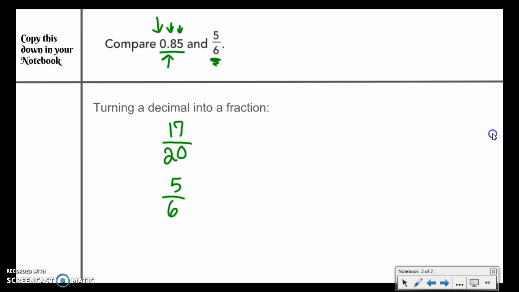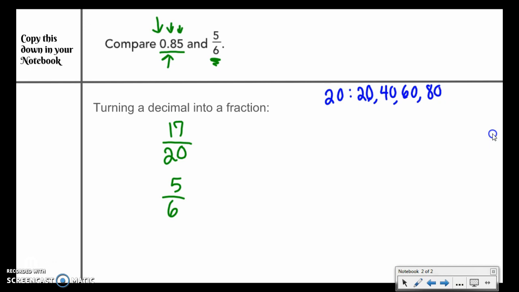So let's think of some multiples of 20. Well, 20, 40, 60, maybe let's stop at 80 because I don't want to go all the way to 80 with 6.